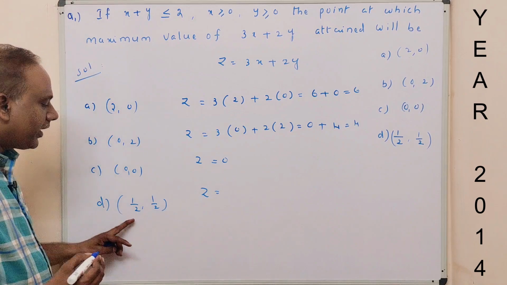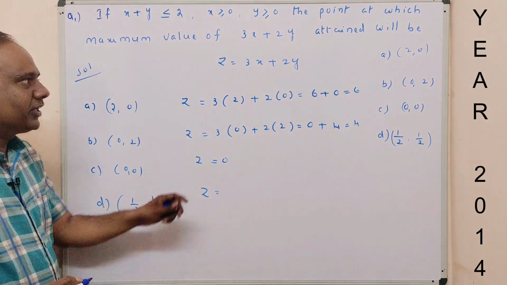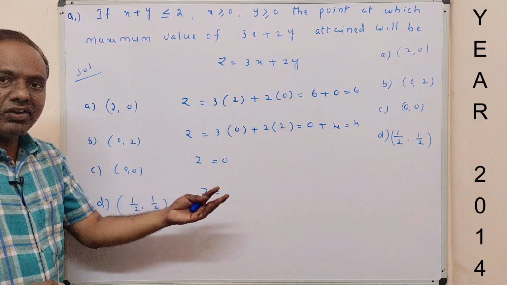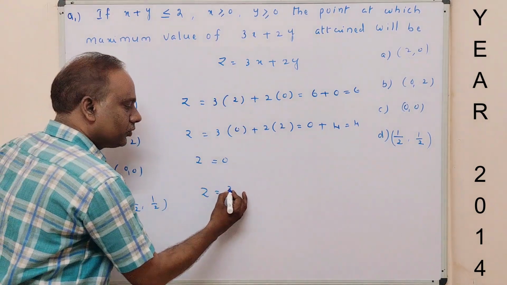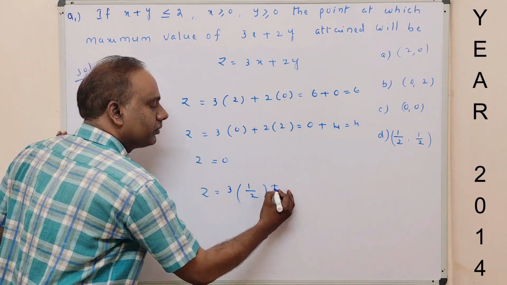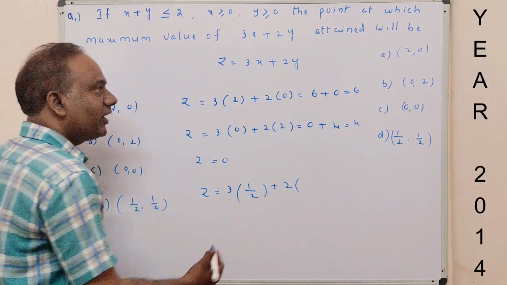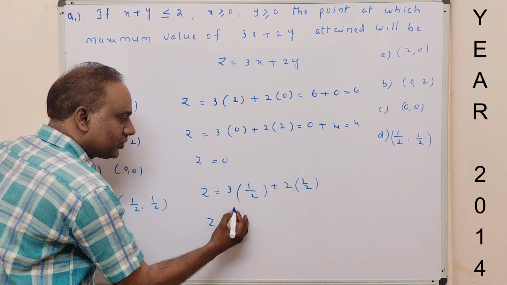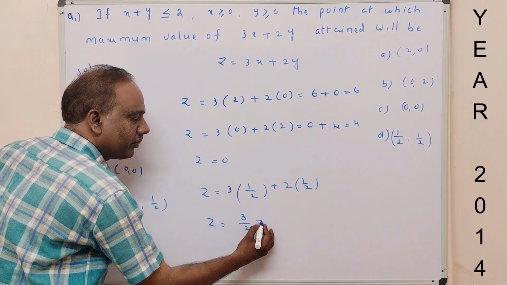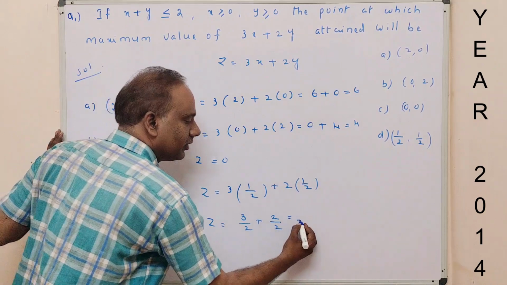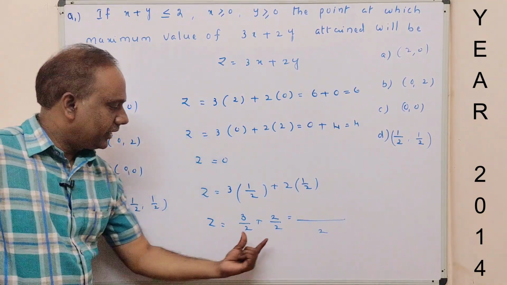That means x value 1 by 2 and y value 1 by 2. That means in the place of x you substitute 1 by 2, in place of y also 1 by 2. So z is equal to 3 into x value 1 by 2, 2 into y value also 1 by 2. 3 into 1 by 2 is 3 by 2. 2 into 1 by 2 is 2 by 2. So here LCM is 2.